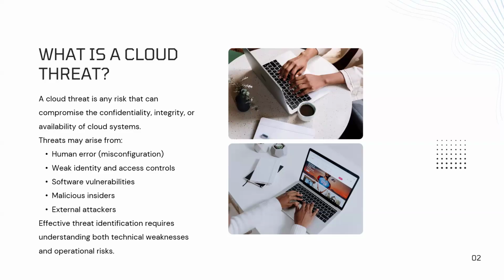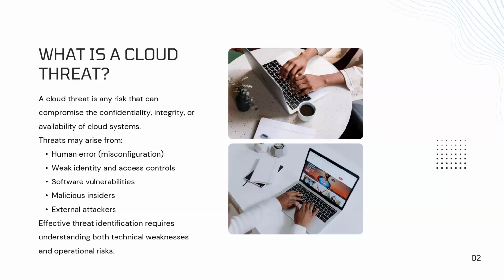So the key insight is that effective threat identification requires understanding both technical weakness and operational risk. Technical weaknesses: unpatched software, misconfigured security groups, weak encryption, open ports, public resources.